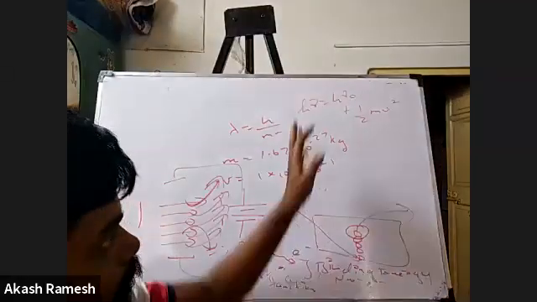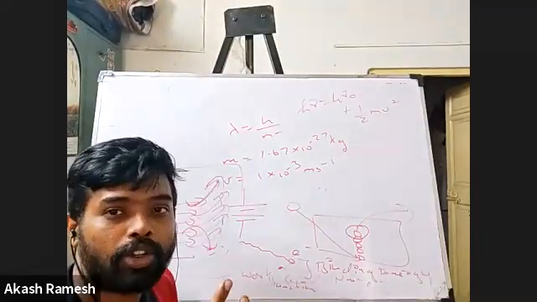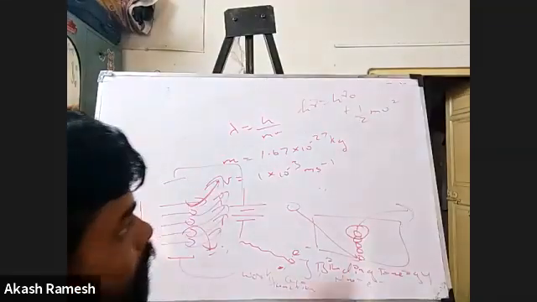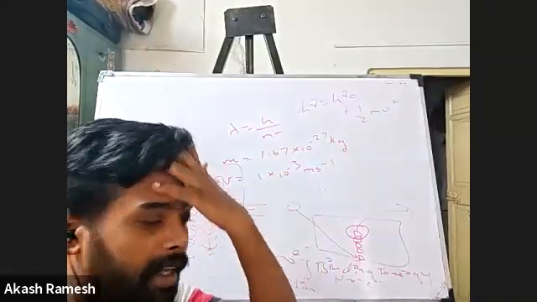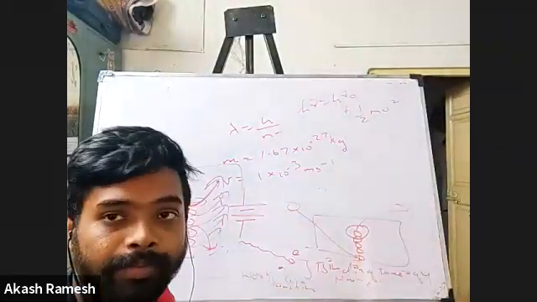Okay, correct. So the energy of the light should be greater than the threshold work function for the photoelectric effect to happen. Okay, fine. So now the energy supplied is greater than the threshold energy, or say the work function. Right? So yes, continue.